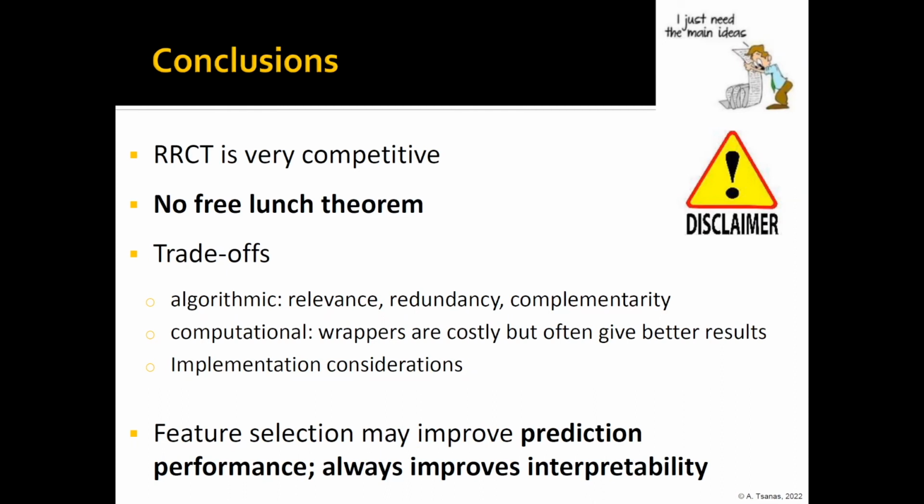However, filters are usually faster, and they're more clearly interpretable in the sense that they're not tied down to a specific statistical learner. The last thing that you should always remember is that with feature selection, we may or may not improve the prediction performance of your statistical learner, but we always improve the interpretability of the problem we're focusing on.